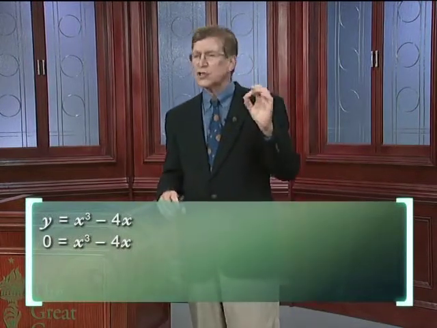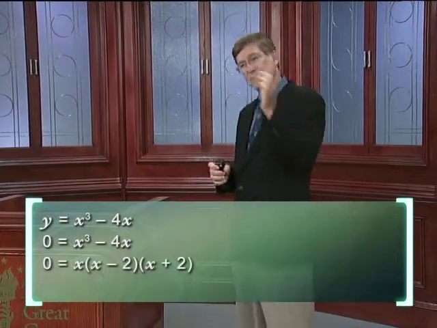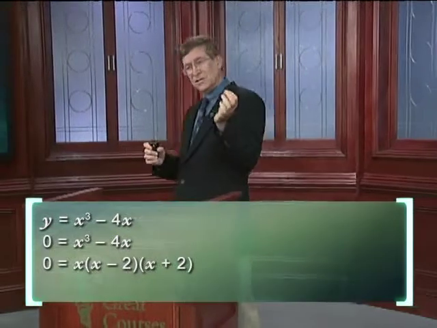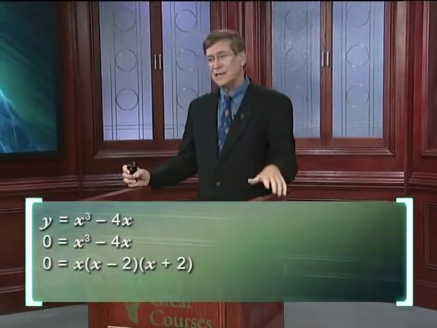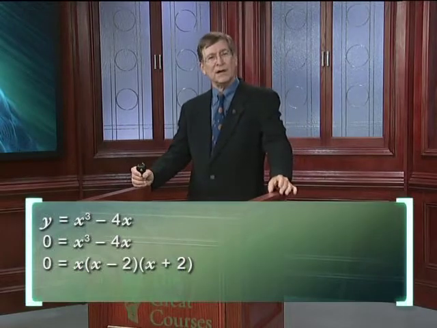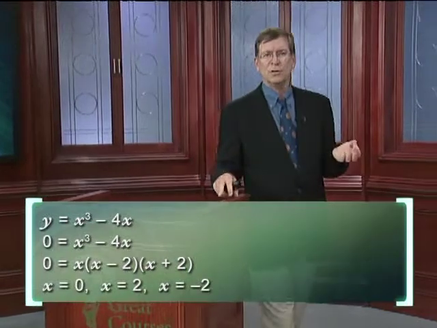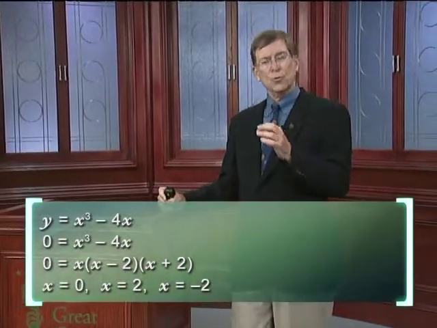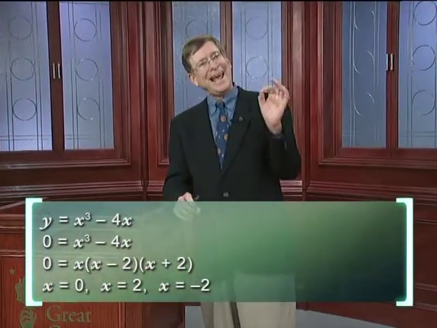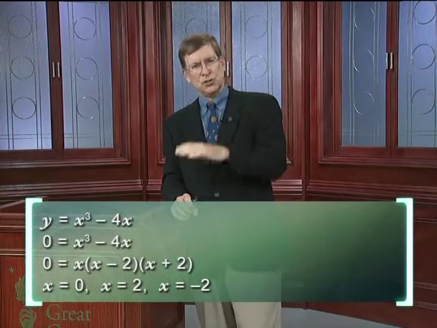So we would get x cubed minus 4x, we factor it into x times x minus 2 times x plus 2, and set that equal to 0. And we determine that there are 3 values of x that make that equation true. x equals 0, 2, and minus 2, which gives rise to 3 x-intercepts, (0, 0), (2, 0), and (minus 2, 0).